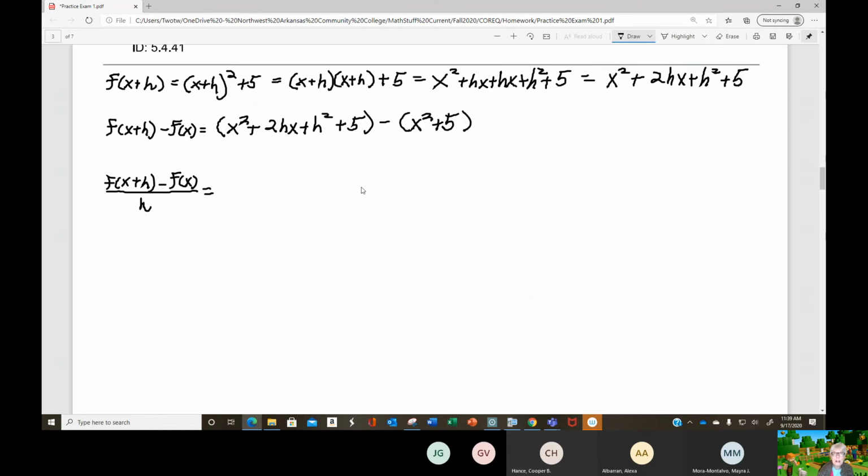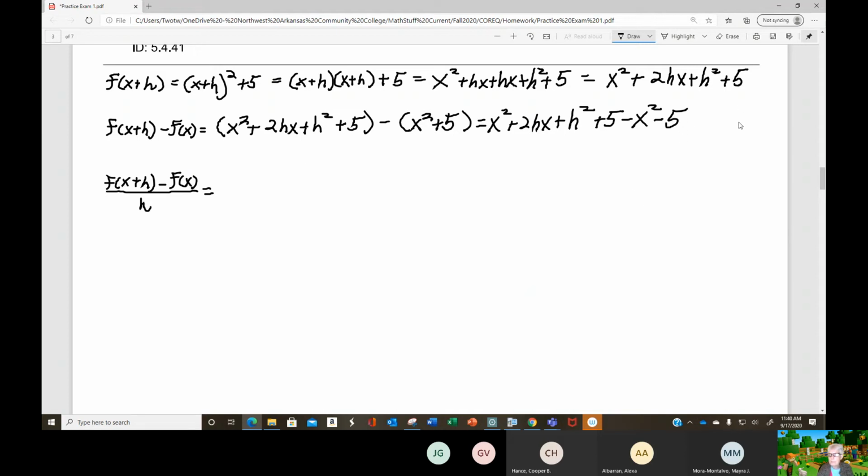Okay. And that will be x squared plus 2hx plus h squared plus 5 minus x squared minus 5.